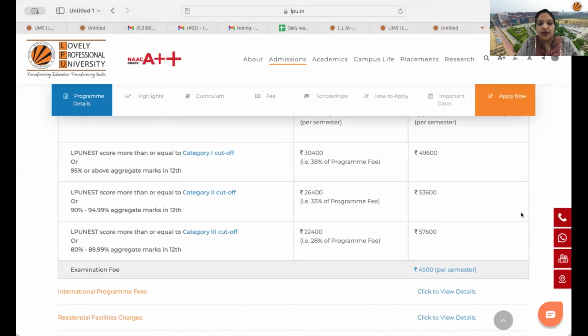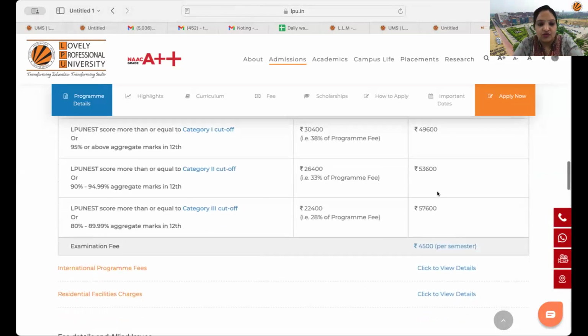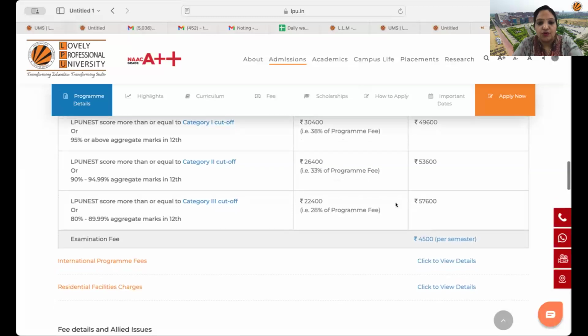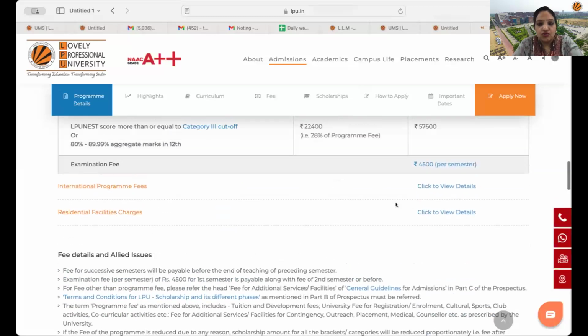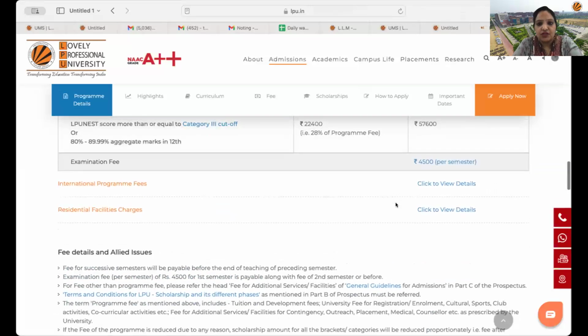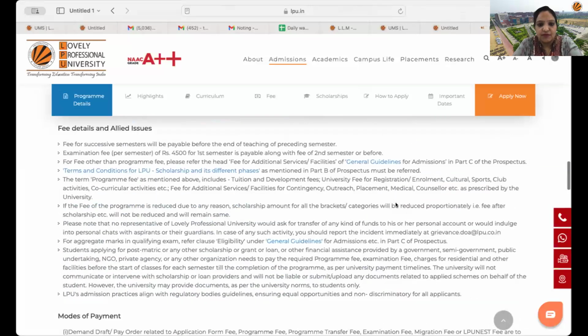The test is not required for eligibility, but yes, you can appear for the scholarship. So 28, 33, 38 depends upon either previous qualification or the university's exam. The better you score, the better the scholarship will be. Apart from the tuition fee, we have the examination fee, that is 4,500 per semester.